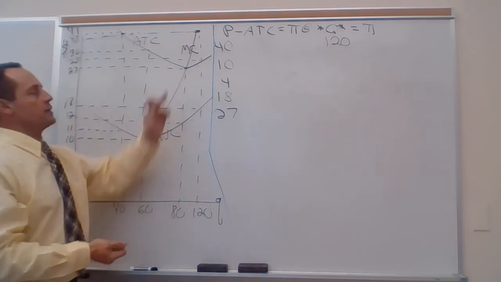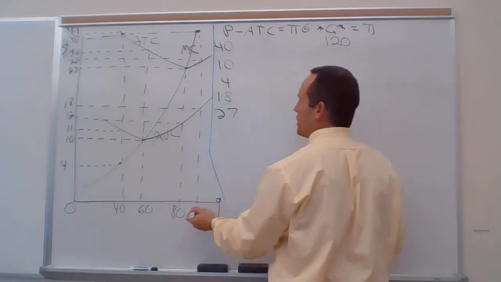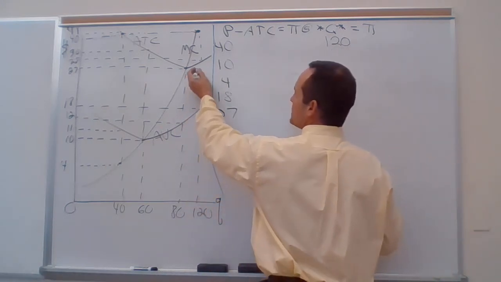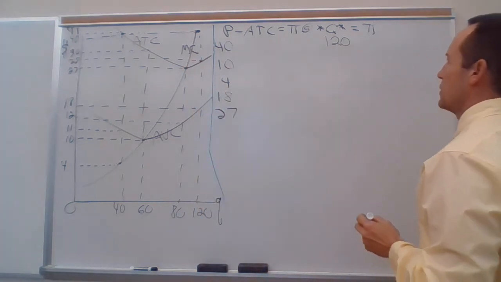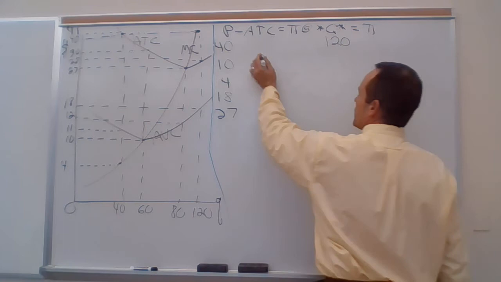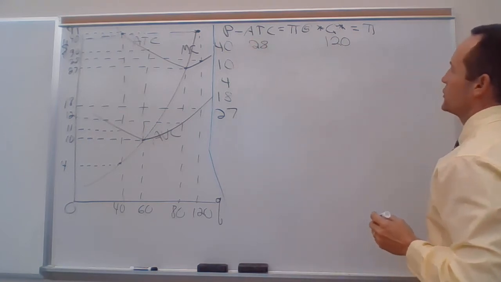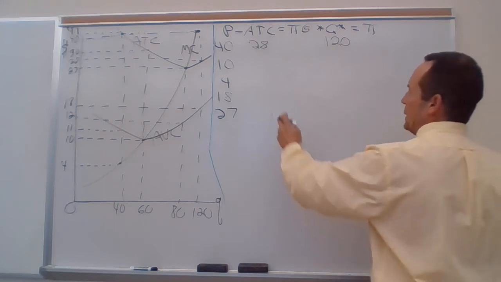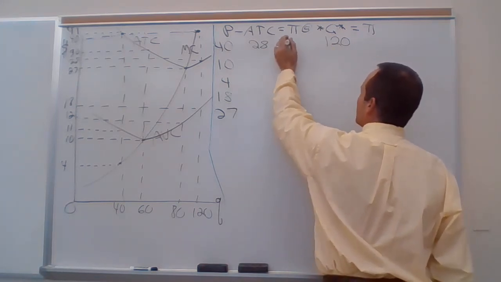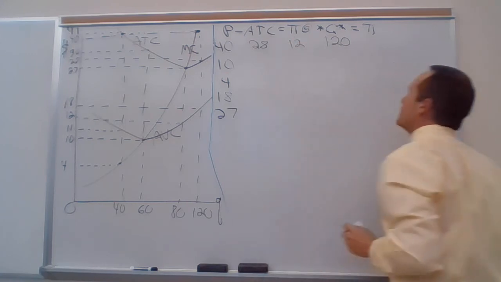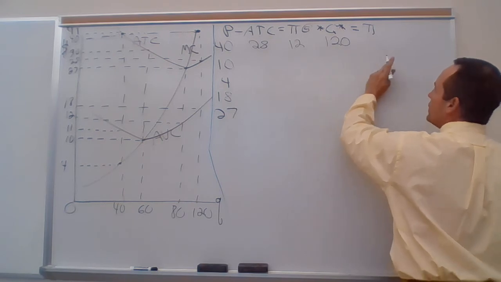Okay, let's fill in this other information here. So 120 quantity, which is right here. What is ATC? ATC is right here at $28. So it costs us $28 a piece to make 120 units, and we're being paid 40. So our profit per unit is 12. We make $12 120 times.